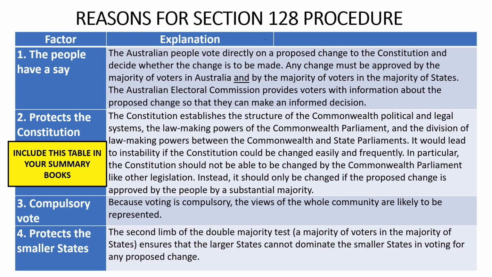This means that even if a referendum proposal is supported by the majority of voters in the most populous states, that is Victoria, New South Wales, and nowadays Queensland, that change will not be made unless the majority of voters in at least one of the less populous states, that is Western Australia, South Australia or Tasmania, also support that change. This prevents the Constitution from being amended in a way that favours the more highly populated states. This is probably not such an issue nowadays, but it was a significant concern around the time of Federation.